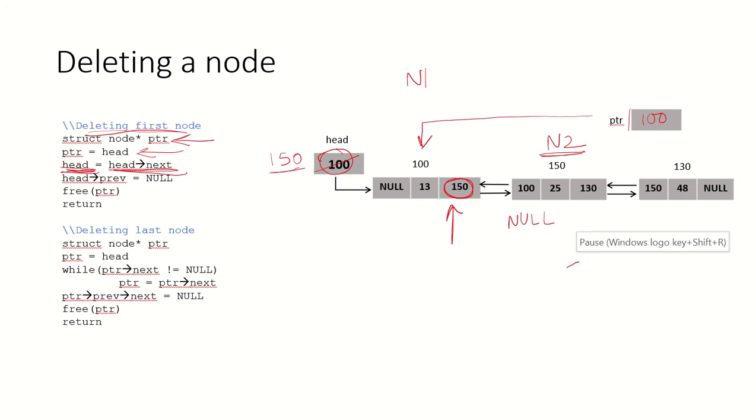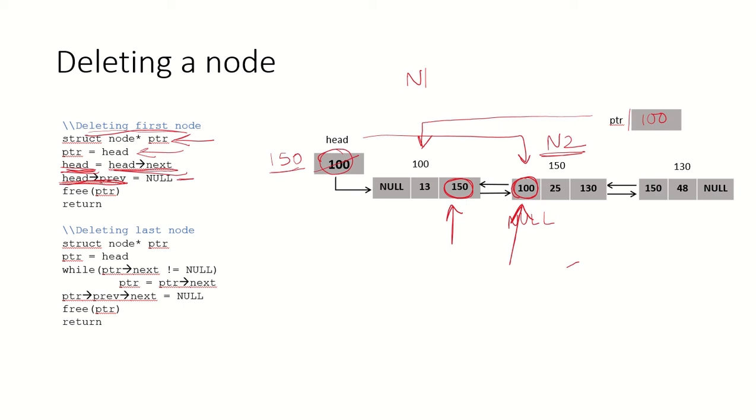Head is already pointing to node 2. Now what we have to do is change this value. So if head is pointing over here, we can access this value by saying head arrow previous. This we will make equal to null.